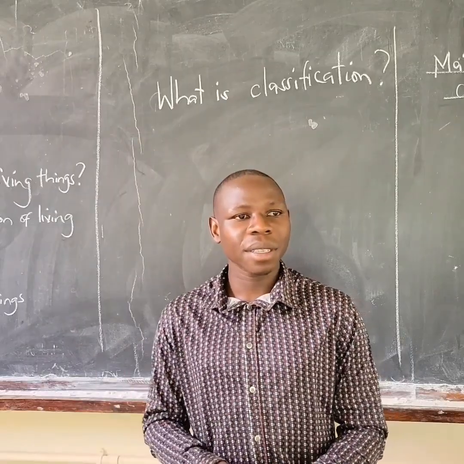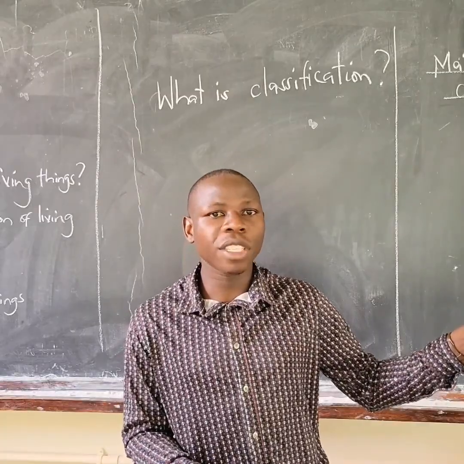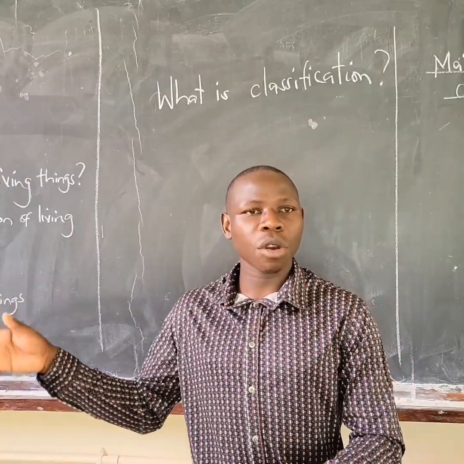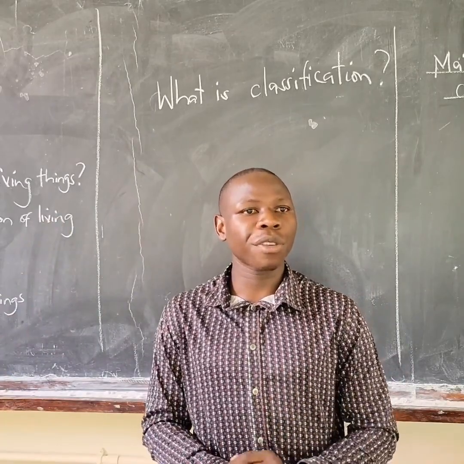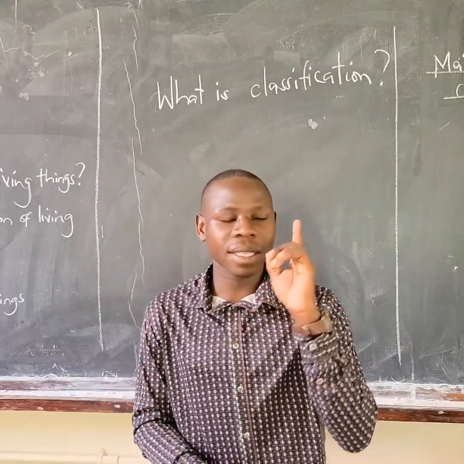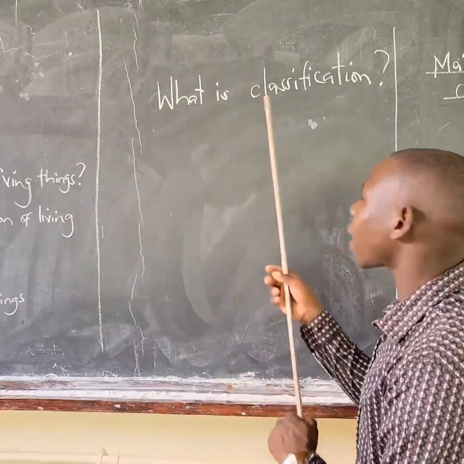If they are eatables, for example milk products, you find them in a given shelf. If it's washing items, you find them in a given compartment. If it is scholastic materials, for example books, you find them in their own compartment. And that's where we are going. Now, we said, what is classification?